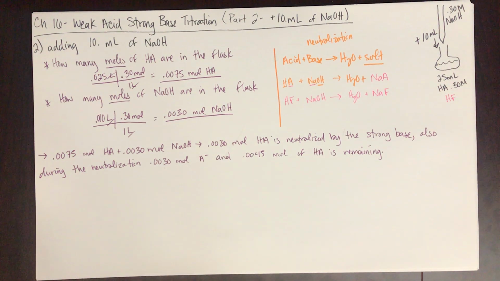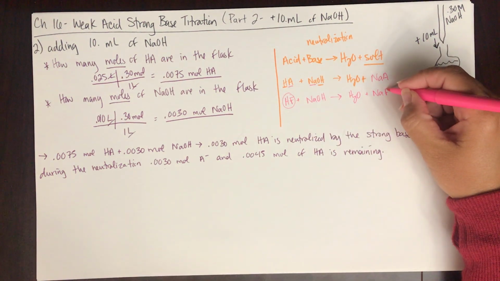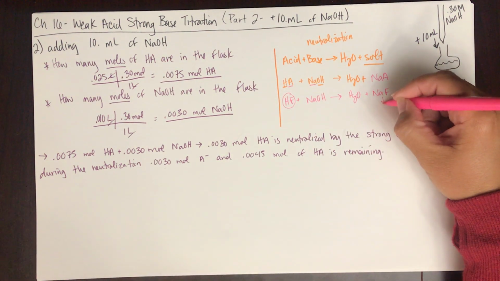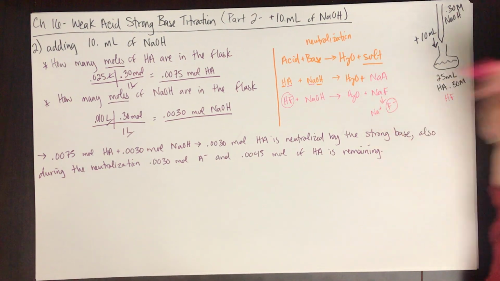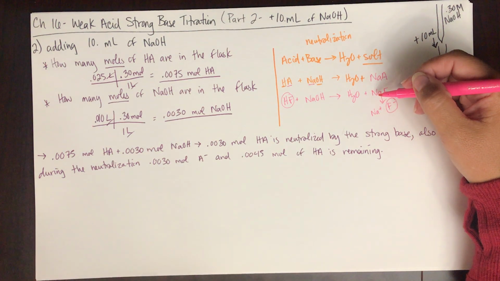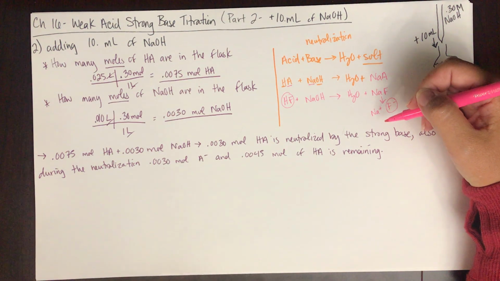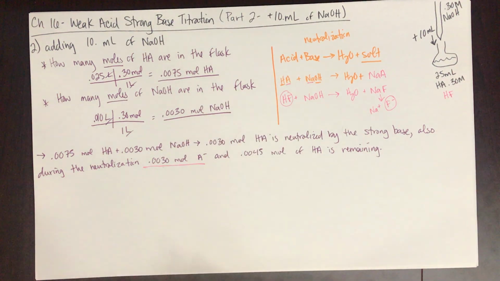So now what do I have? I have a weak acid and I have a salt that contains its conjugate base. During the neutralization, you are also producing the conjugate base. So two things are happening.